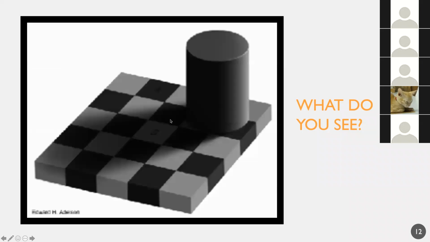Okay, about the next one. You have seen the letter A and B, right? Do you think the color of the A block and the B block, which one is darker? You all know they have the same color.